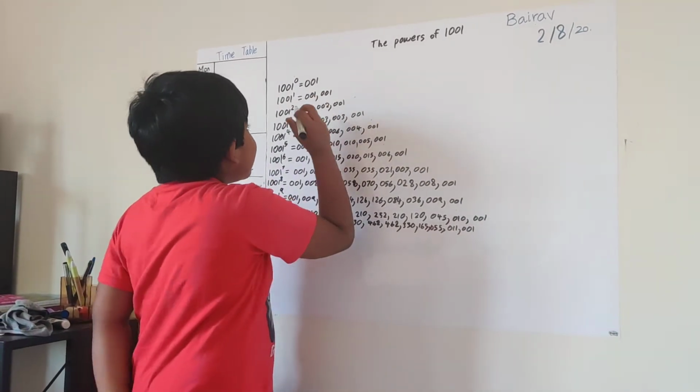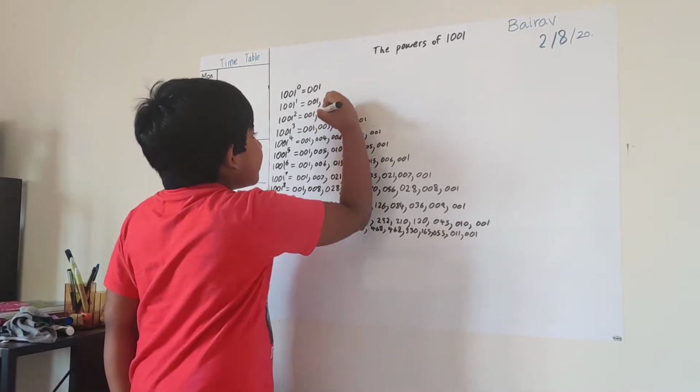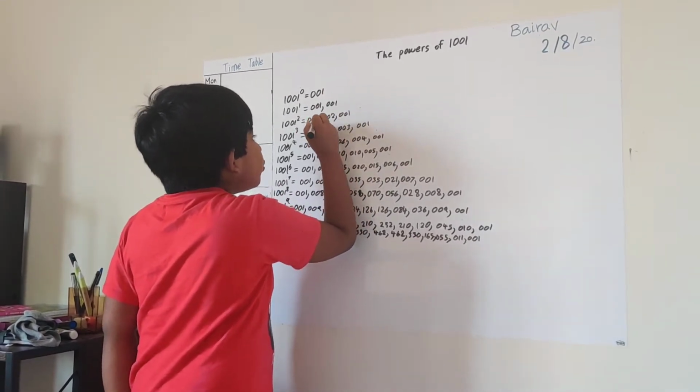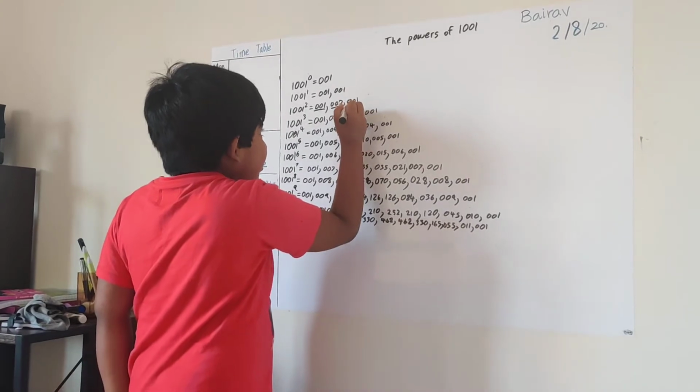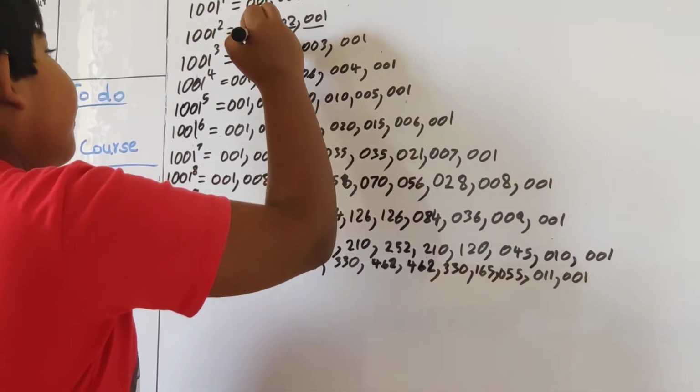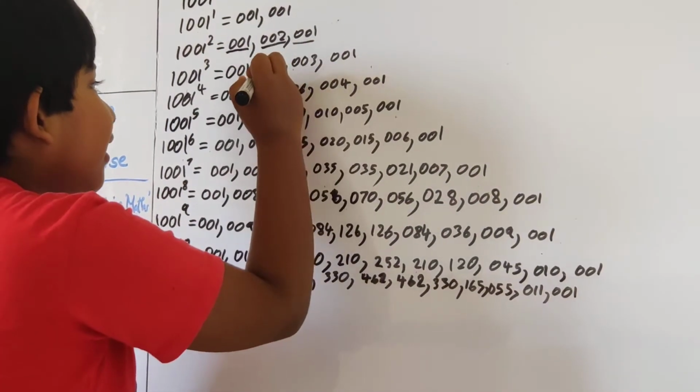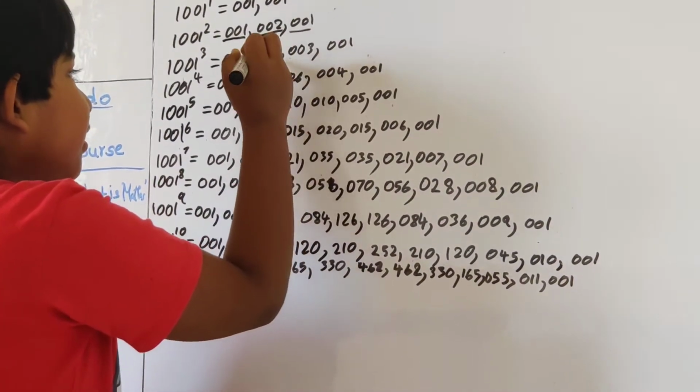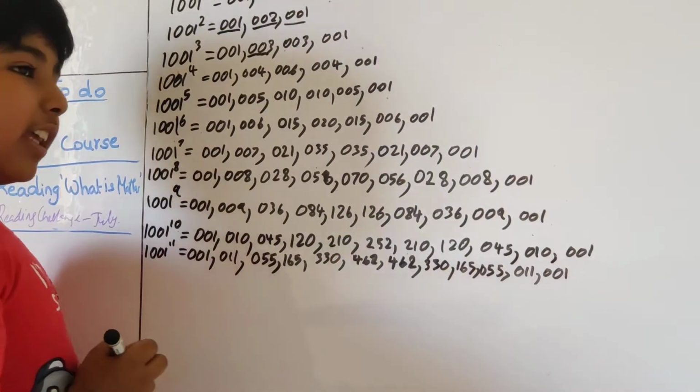But you can see these 3-digit groups are seemingly 1, 2, 1. And then if you add these two groups, you get this one, which is 1 plus 2, 3.